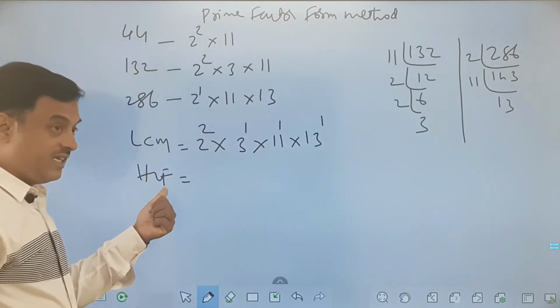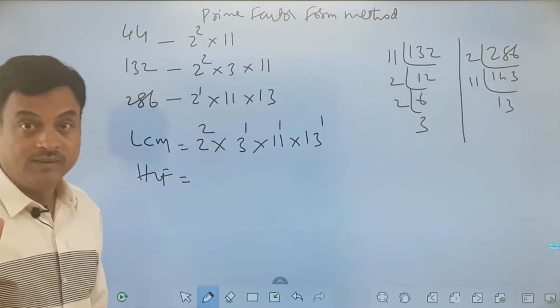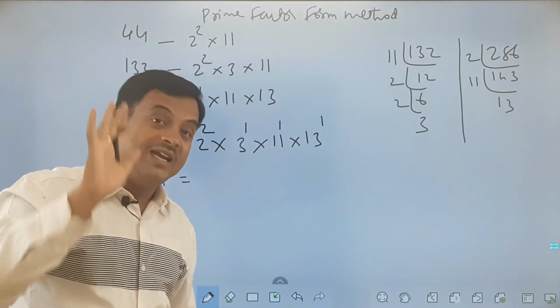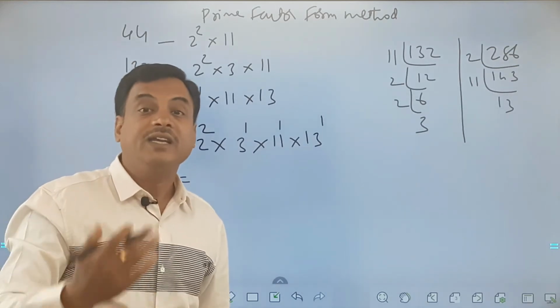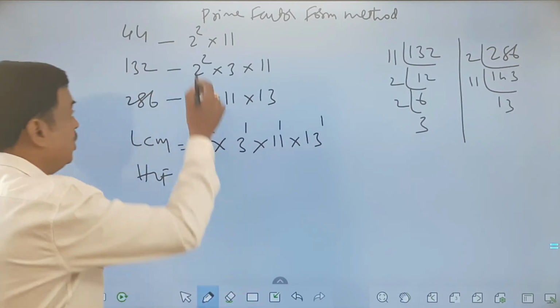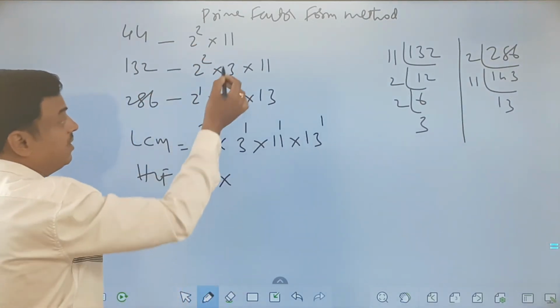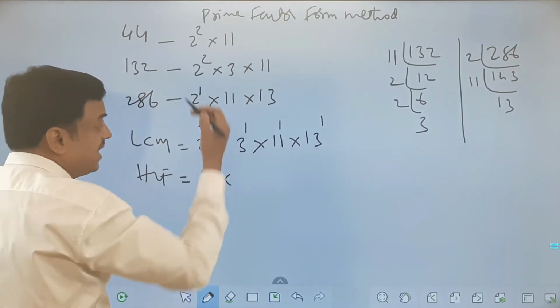Now while finding HCF, friends, I will select only the bases which are common in all three. If it is common in only 2, I will not take it. It should be there in all the numbers for which you are finding HCF. Now 2 is there in all three numbers. I will take 2 as a base. 3 is there in only one number. I cannot take 3. 11 is there in all numbers.